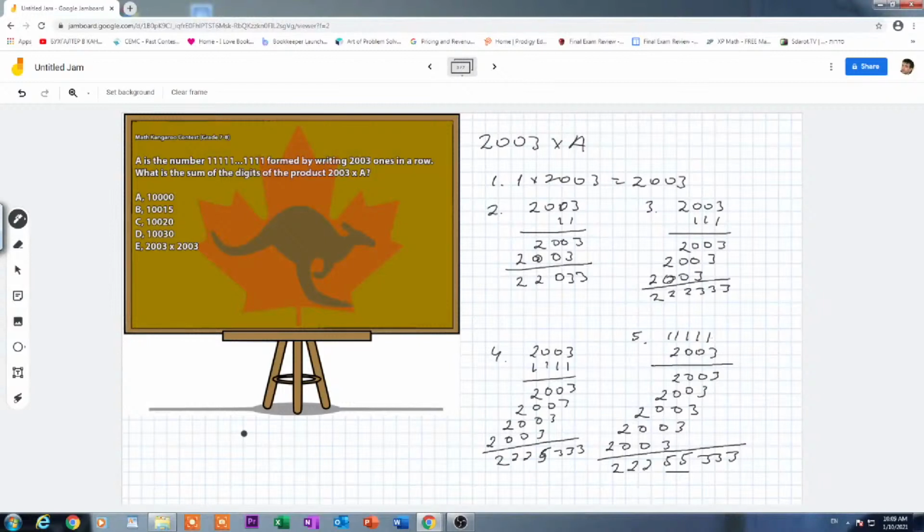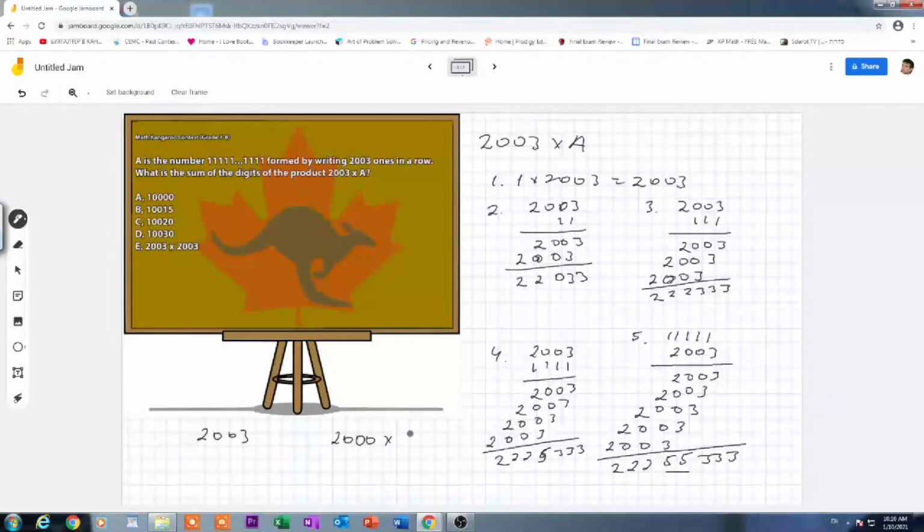So if we, right, so 3 less. 3 less. So if we're going to multiply by 2003, we can assume that we'll have 2000 fives, right? So if we multiply 2000 by 5, right?